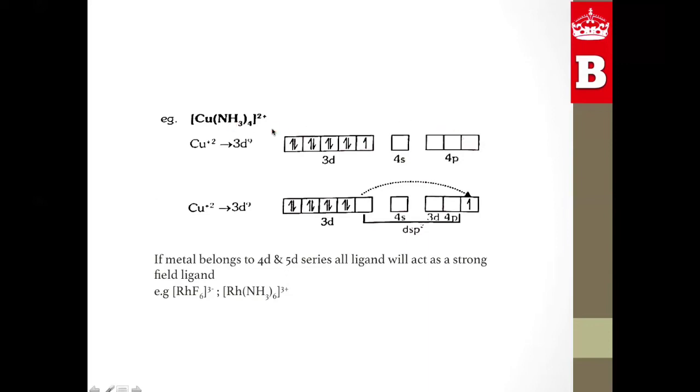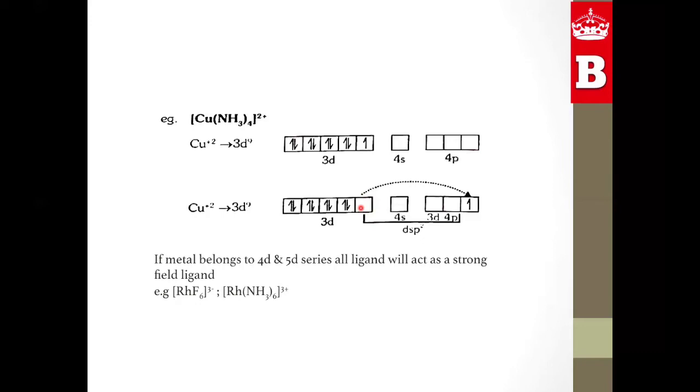Since it is strong, it needs a vacant orbital, which means one vacant 3d orbital will have to be made available for hybridization, and hence it will form dsp2 hybridization, and the result is a square planar complex.